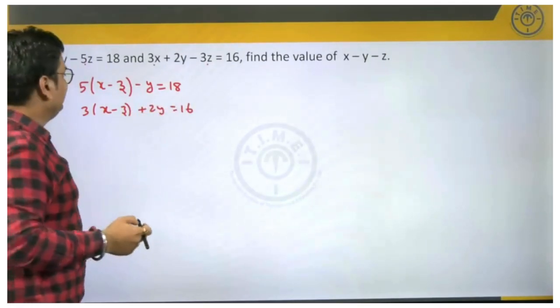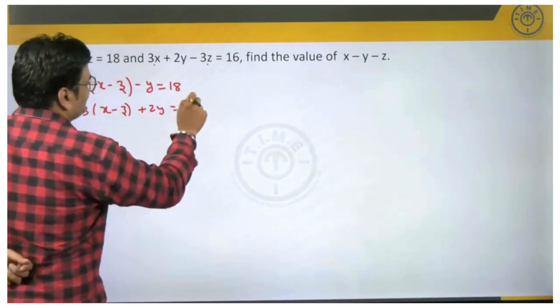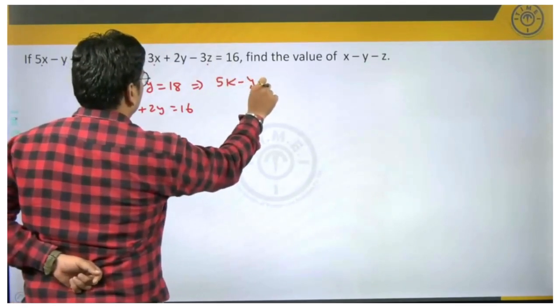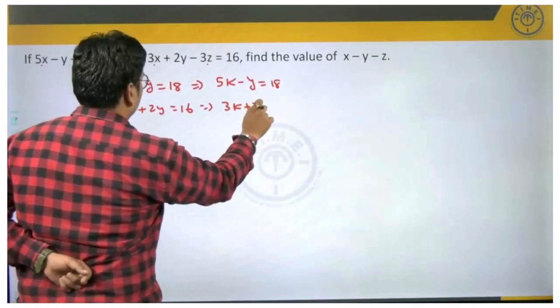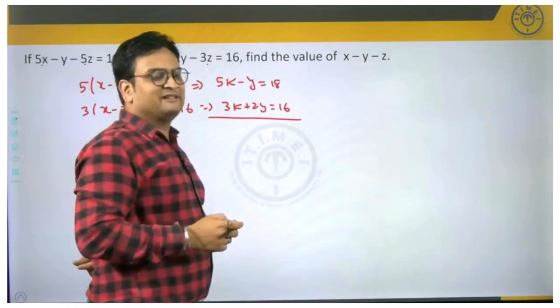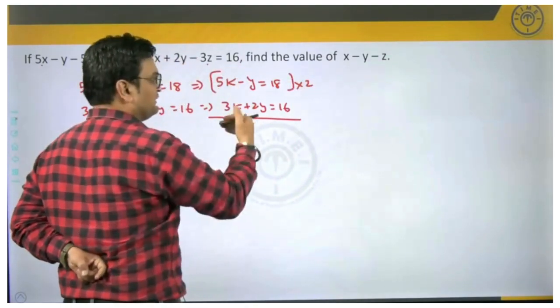Now let us do one more thing, let us call this x minus z as some other variable k. So this equation changes to 5k minus y equal to 18 and this will be 3k plus 2y equal to 16. Let us try to eliminate y here. So let us multiply the first equation by 2 entirely and add the 2 equations.